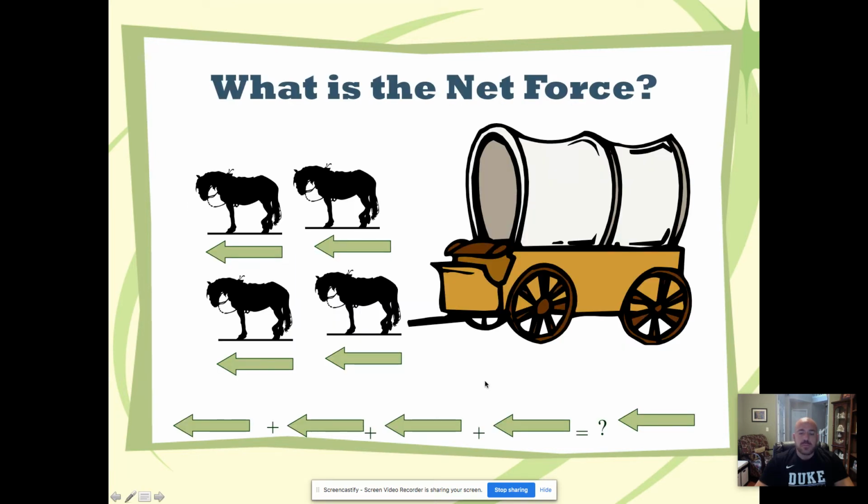So again, net force. If you look at this, we have 4 horses, and all of them are pulling in the same direction, actually with the same strength according to these arrows, these vectors. Because they're pulling in the same direction, to find the net force, we would just add the force of the 4 horses together. And in this instance, the wagon would move to the left because all the force is moving to the left.